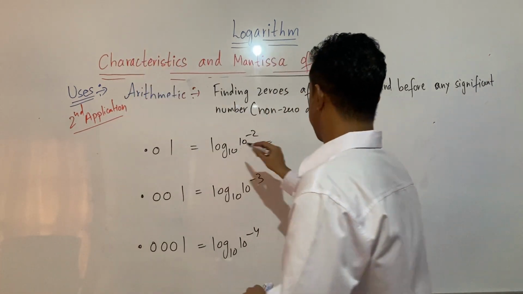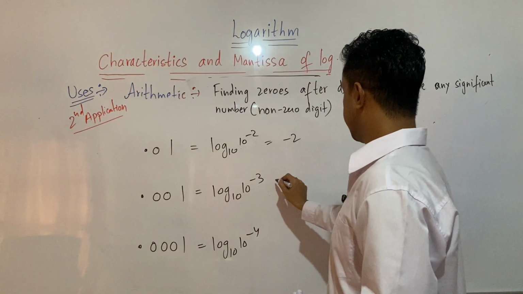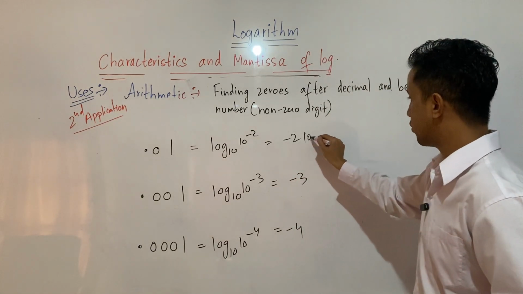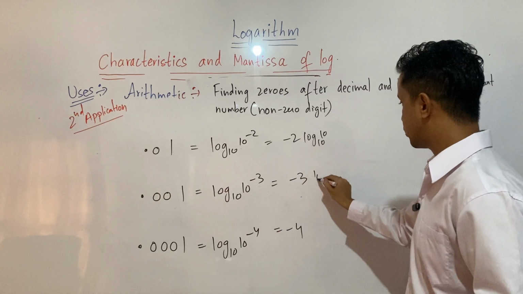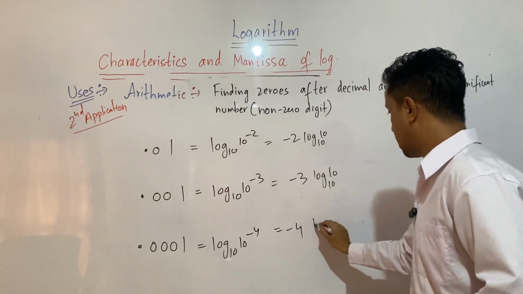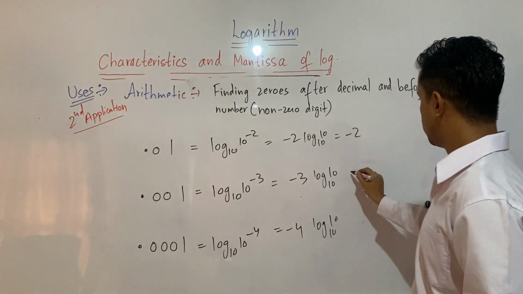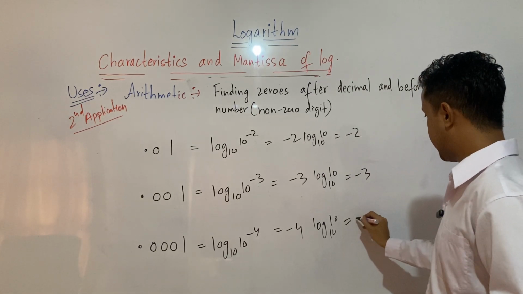So this is going to be minus 2, this is going to be minus 3, this is going to be minus 4. Why? Because log of 10 to the base 10 is 1, right? So minus 2, minus 3, minus 4.